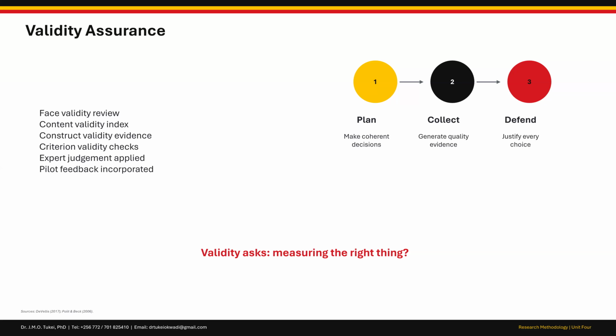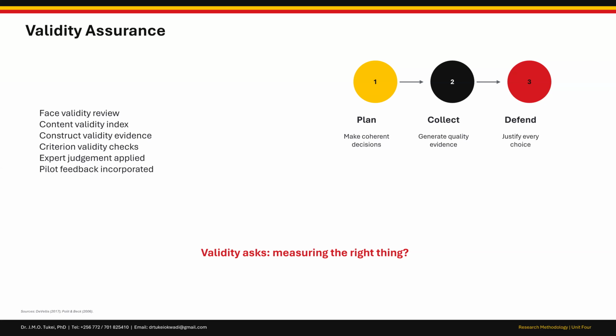Validity may be improved through expert review and content validity, and if you talk about content validity, you are going to use the index, while reliability may be tested through pilot data.